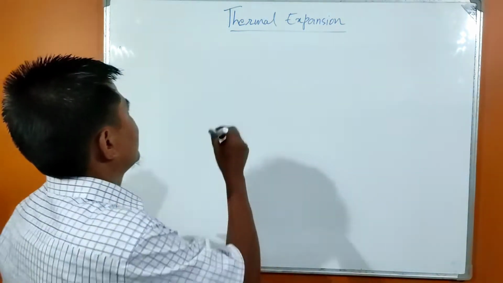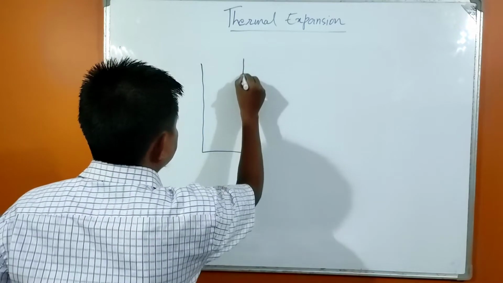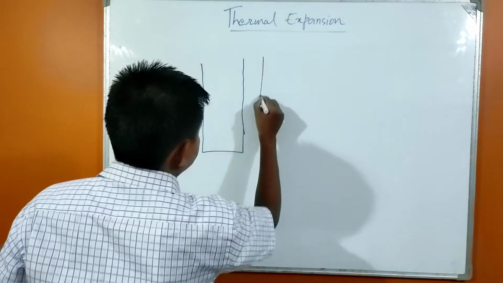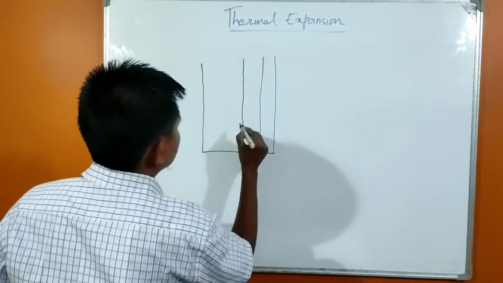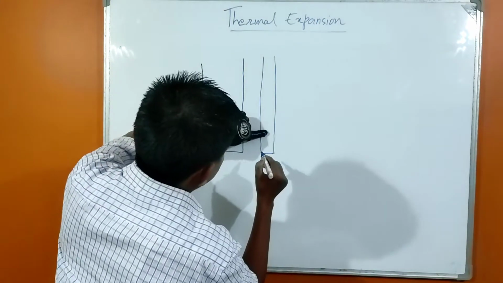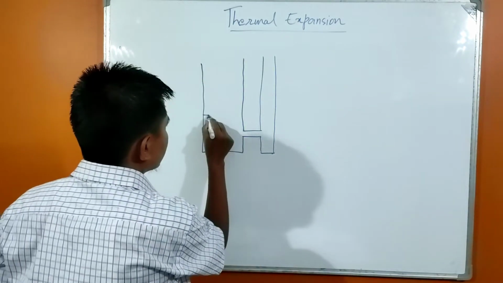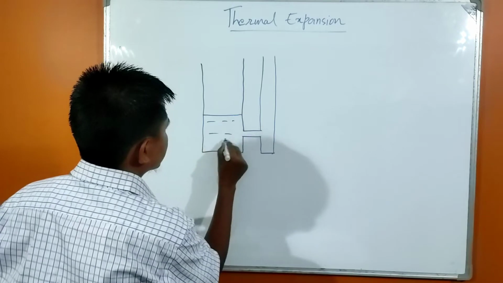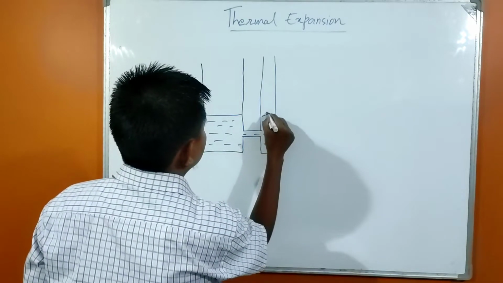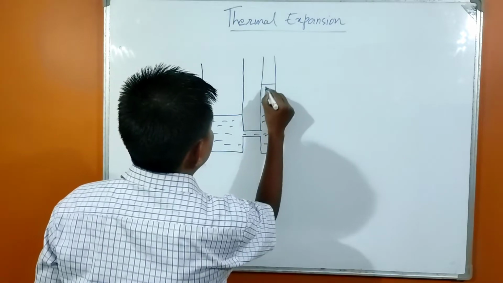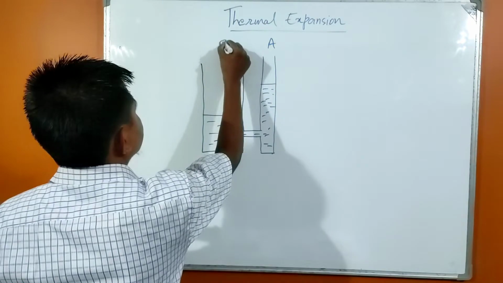Let me draw two cylinders connected by a pipe. These are two cylinders, and these two cylinders are connected by a pipe. And the cylinders contain water. Let us say this is cylinder A and this is cylinder B.